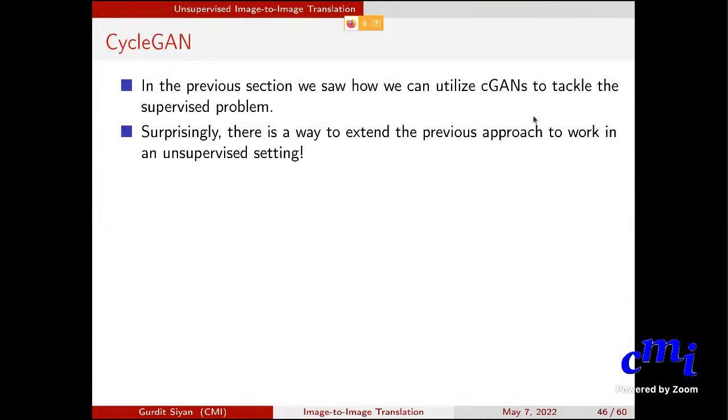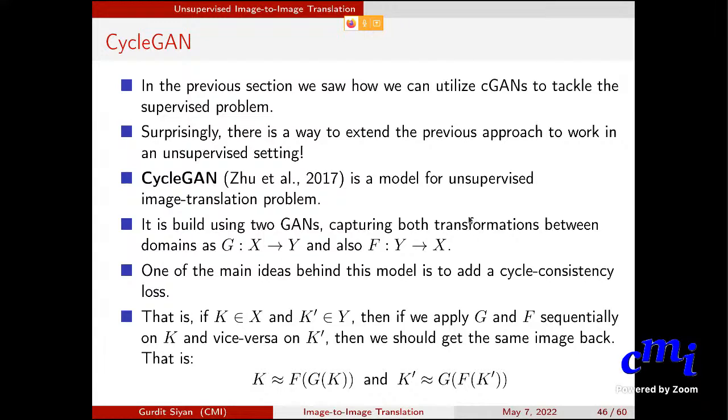We want a zebra in this exact pose. So what we do is add a cycle consistency loss. So cycle consistency loss is basically just a reprojection error. We take two images from domain X and Y, and we apply both G and F sequentially. So basically, intuitively, what we want is if we map a horse to a zebra and map that zebra back to a horse, that resulting image should approximately be equal to the original image.